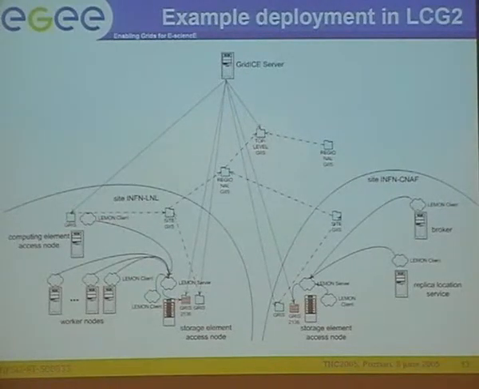This monitoring data is exposed using the grid information service of the current LCG production system, that is the Globus MDS version 2. Then you can set up a GridIce server to monitor a certain set of resources. This will run a discovery phase of the resources that you want to monitor, and they will periodically collect the information and present it to the final user.